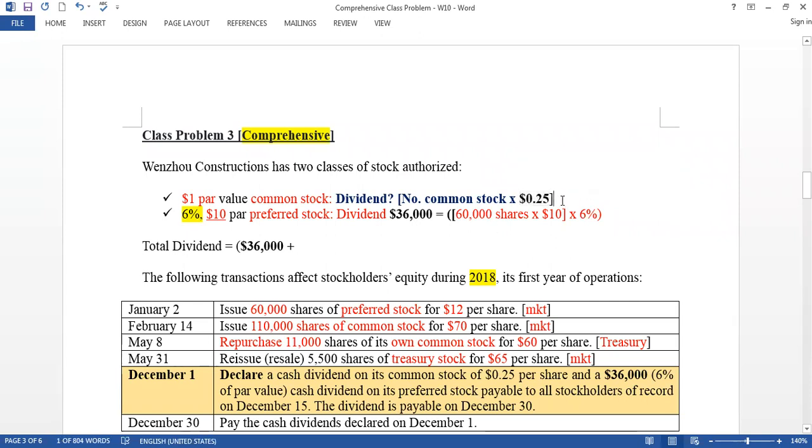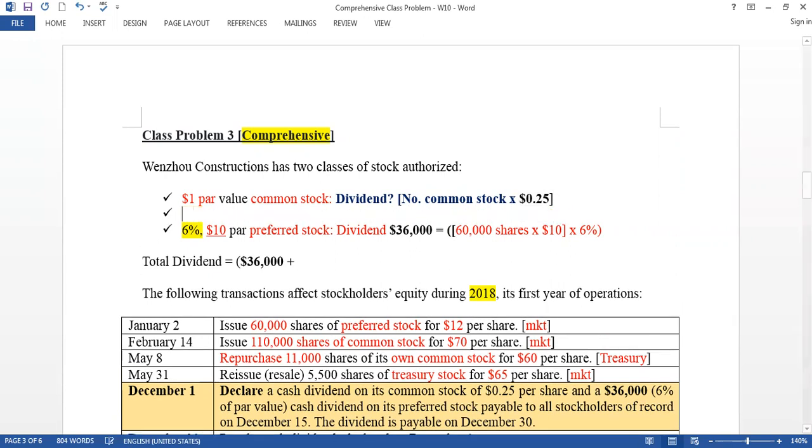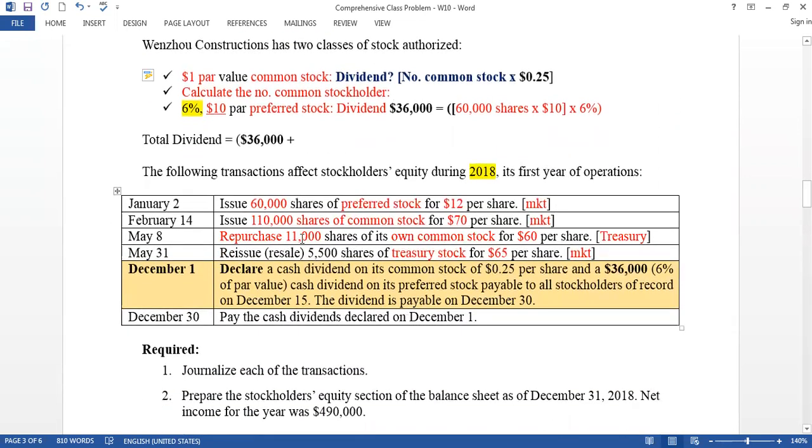Now from this information, can you calculate the number of common shares held? First, the company sold how many common shares? 110,000 shares, right?